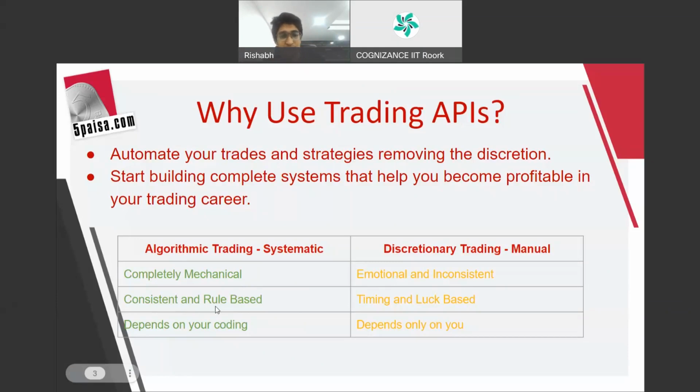Because it's rule based, it becomes consistent. Discretionary is like, okay, if I'm lucky I get that move, otherwise if I'm in a lecture, I'm busy, then I don't get it, right? So there are mostly all the benefits of switching from a discretionary or manual trading setup to a systematic and algo trading setup.